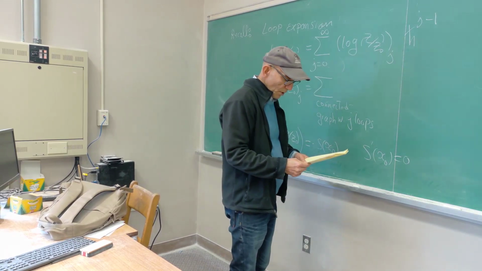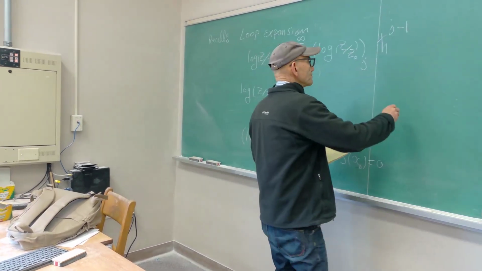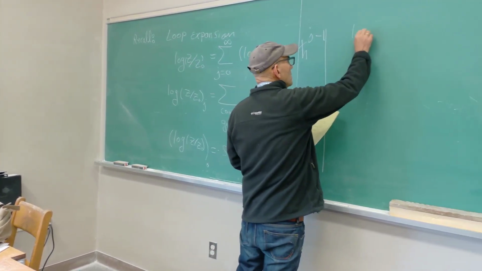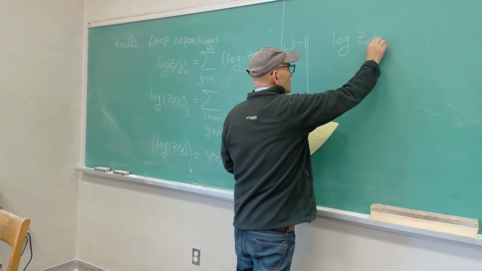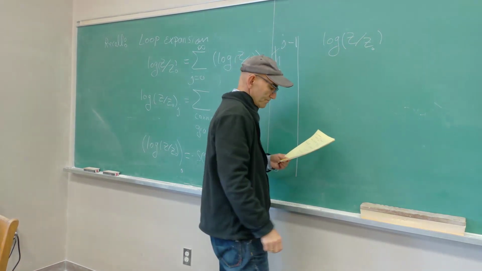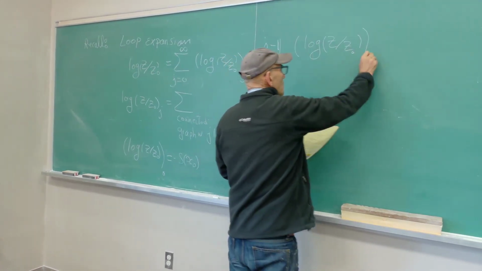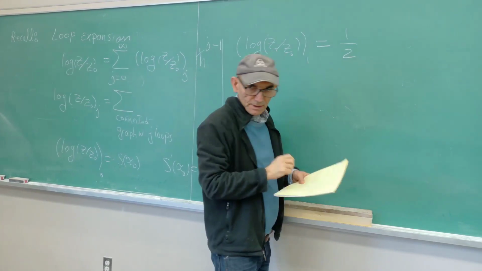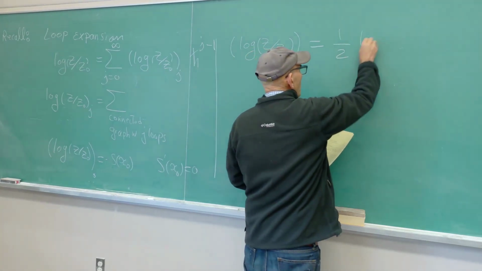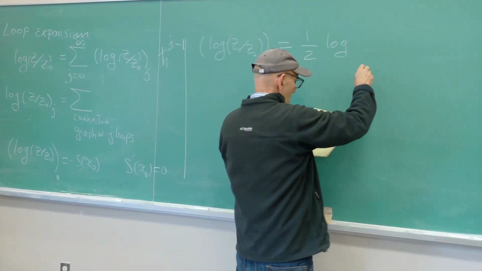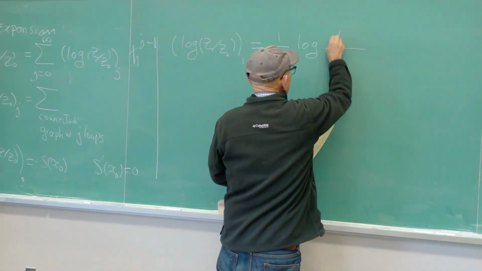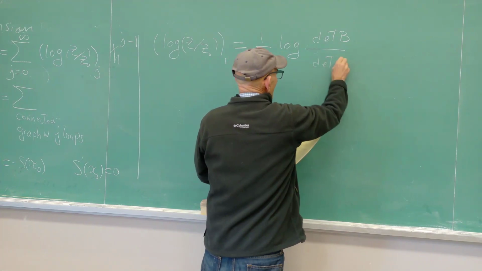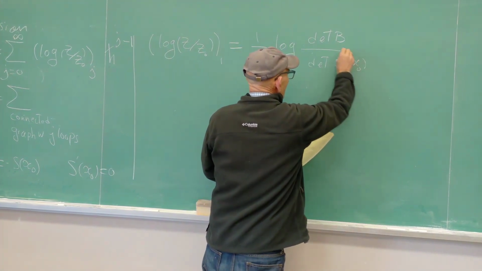And then the next part, the one loop component of log Z over Z0, is a log det, logarithmic determinant: log of det B over det S double prime of x0.